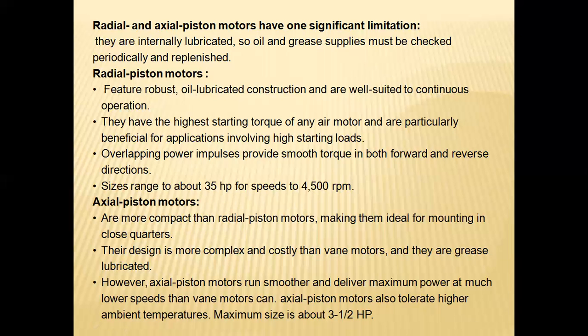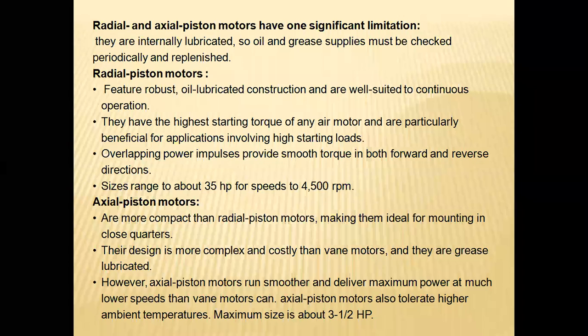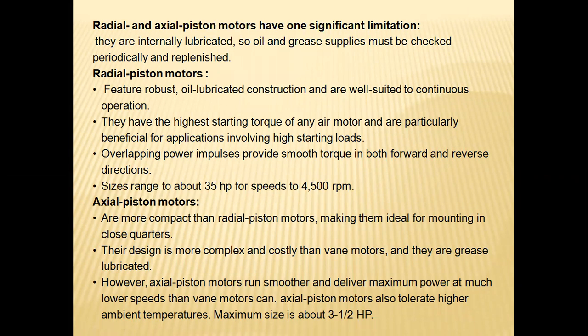They create maximum power at much lower speeds, and compared to vane motors, they can generate maximum power. The manufacturing is very complex due to its design factors, and it is also more expensive in construction compared to vane motors.